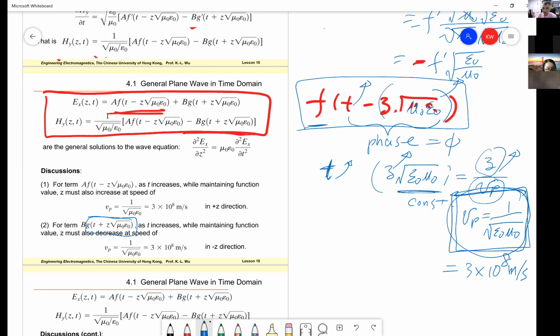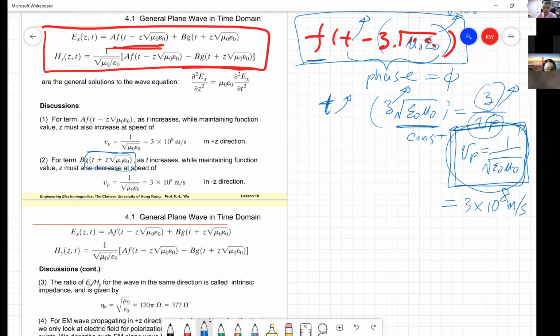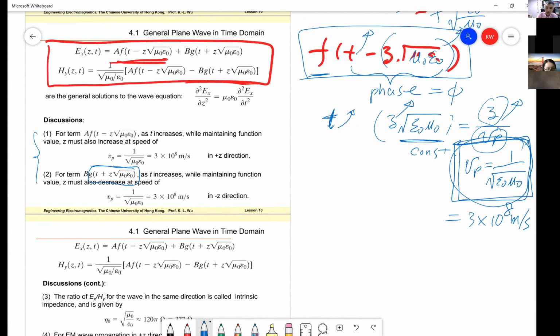You see, those are the first two stories we can tell from the solutions. Okay, let's take a break.